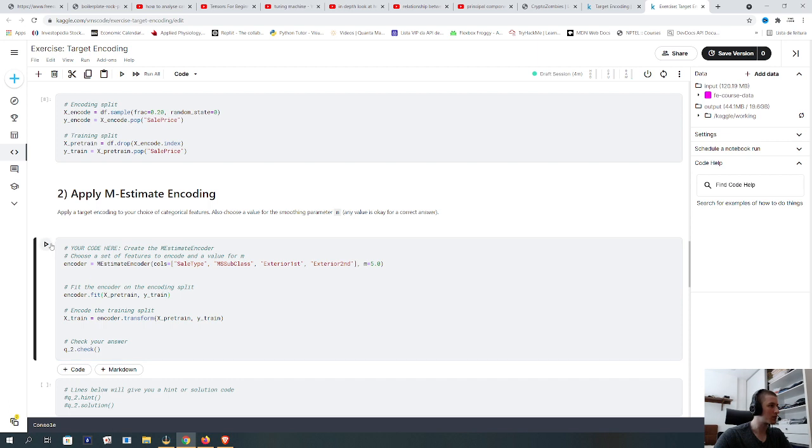See if this works. Incorrect value for X_train. So maybe this is X_encode. No, but that doesn't make much sense. No, actually it does, because I'm encoding first and training after encoding.